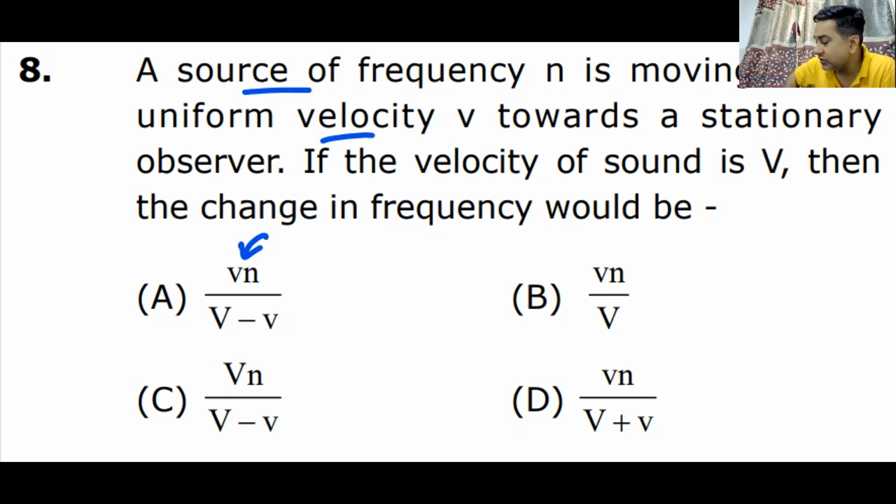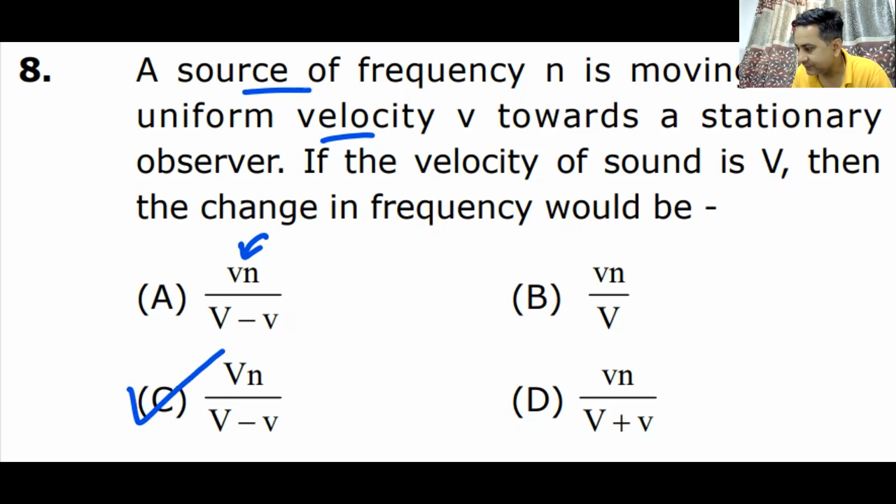Do you remember the original formula? So what should be the answer? C. Answer should be C. Why did you say A? Are you looking at the answer key? Sometimes the answer key may also be wrong.